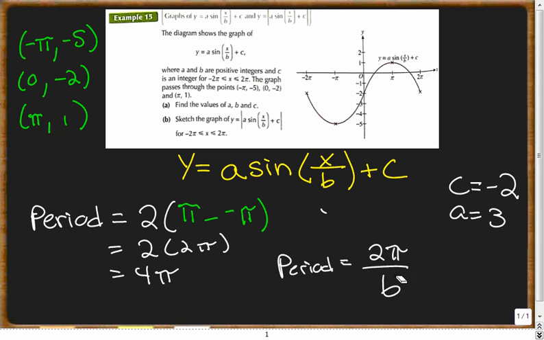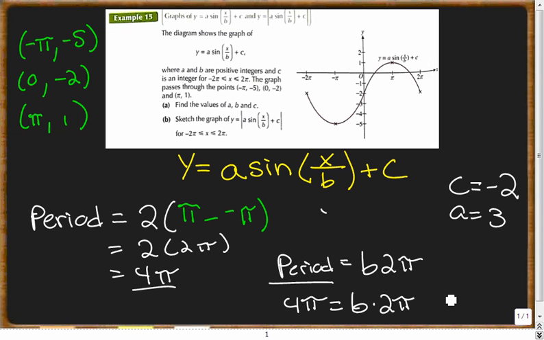In this case, because we're dividing by b, we think of this as b times 2 pi. So we have a period of 4 pi, and if that equals b times 2 pi, we know that b is going to be 2.